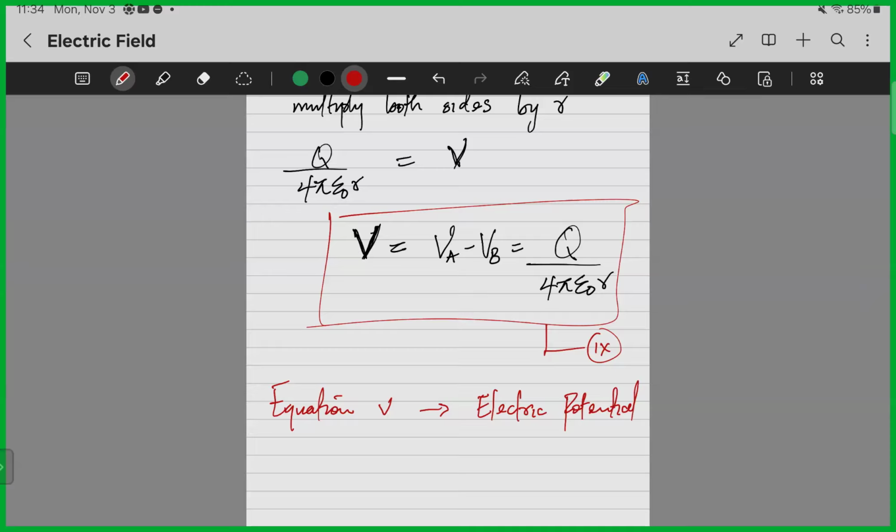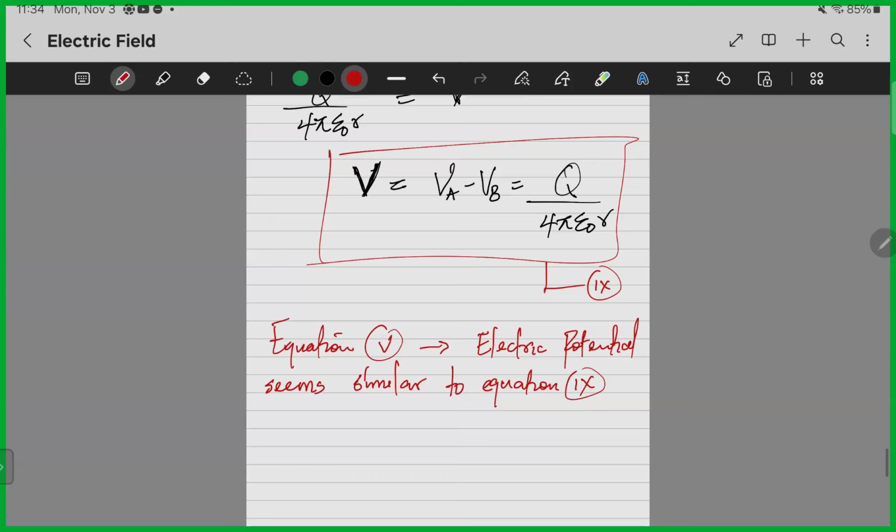Equation 5, which is electric potential, seems similar to equation 9, but they are two different concepts. Equation 9, which in this case now is potential difference. And of course, they are going to run with the same unit. They are both potential, so they run with the same unit as volts.